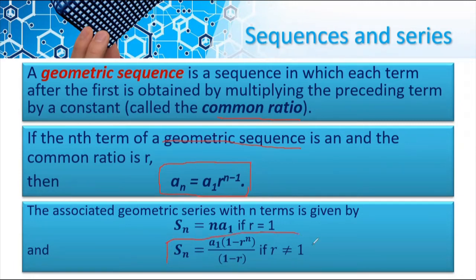S sub n is equal to the first term times 1 minus common ratio raised to n, number of terms, all over 1 minus common ratio. And we can use this if the value of common ratio is not equal to 1. Ayan. So, that is geometric sequence.